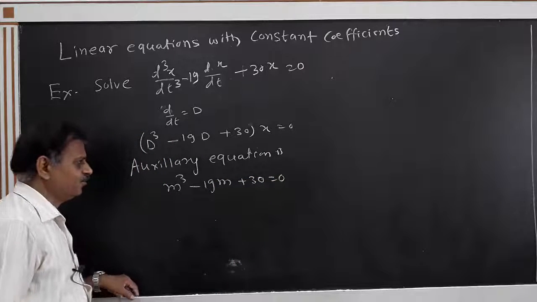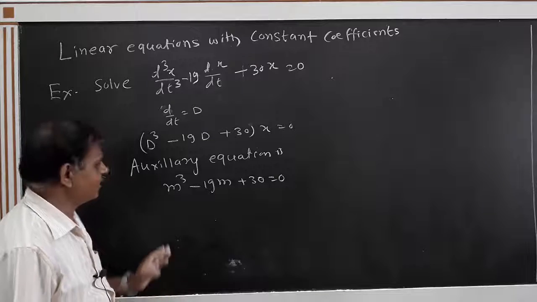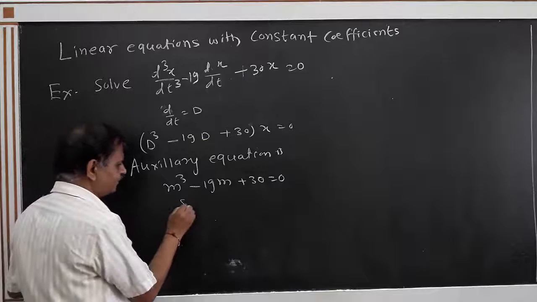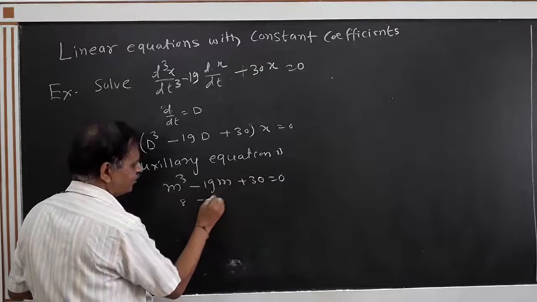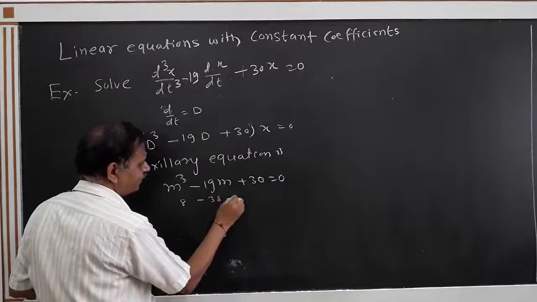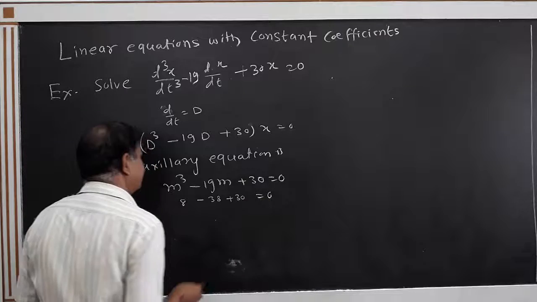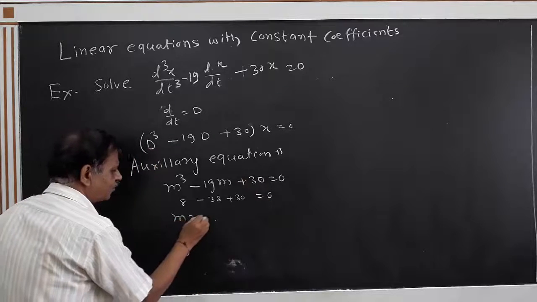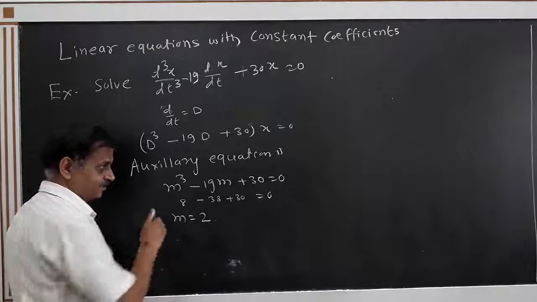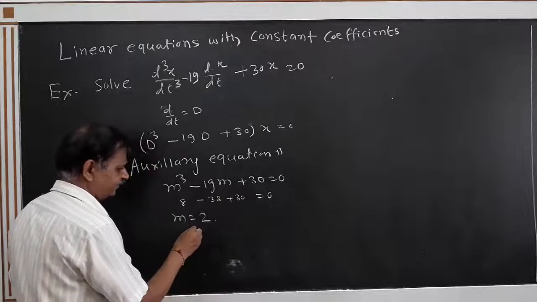If I put m equal to 1, it will never become 0. For m equal to 2, 2 cube is 8, minus 19 into 2 is 38, plus 30: 8 plus 30 is 38, 38 minus 38 equal to 0. That's why m equal to 2 is the first root of this cubic polynomial equation.